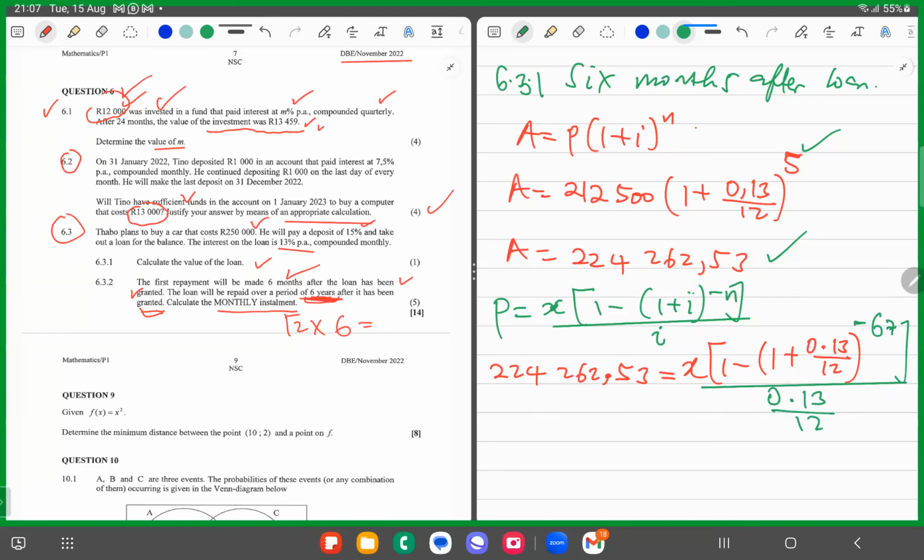All right, so we're now in business. We just solve for x. We solve for x here, we get that it will be actually 4,724.